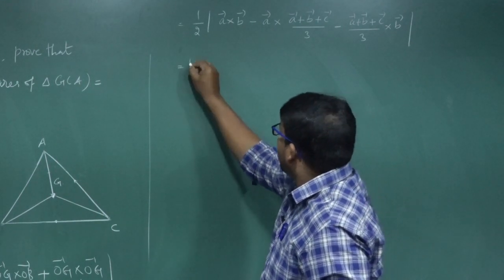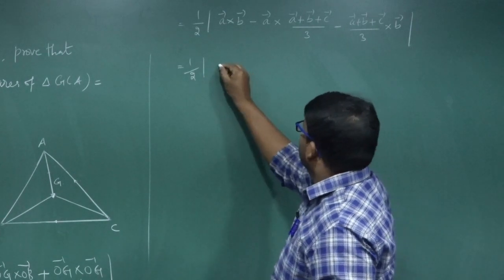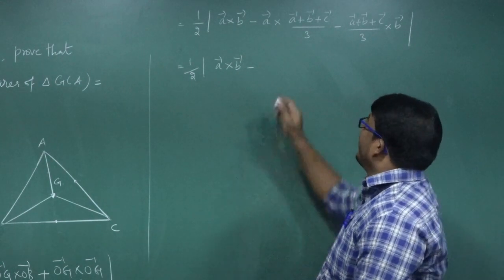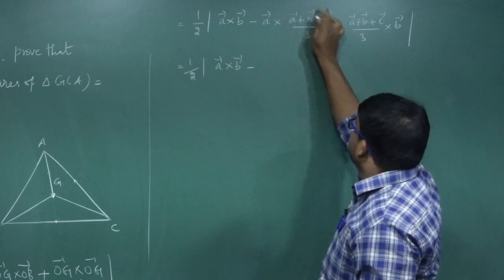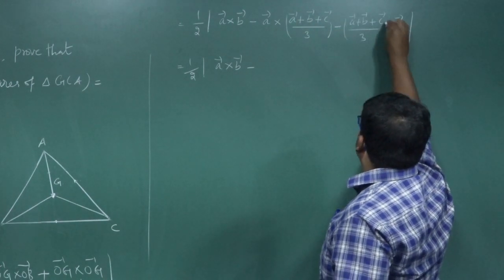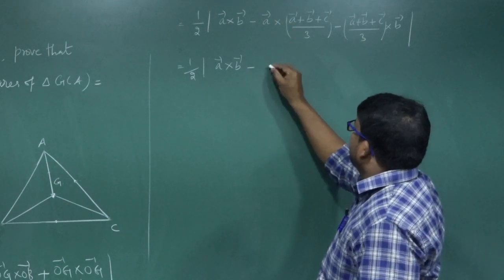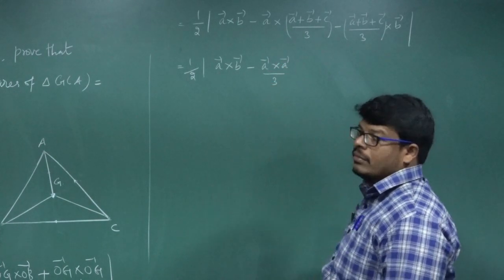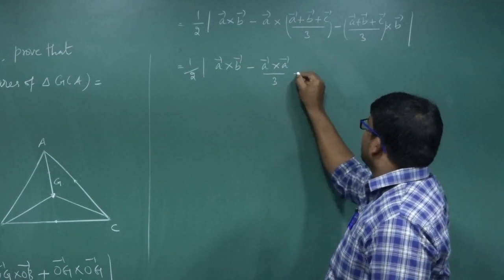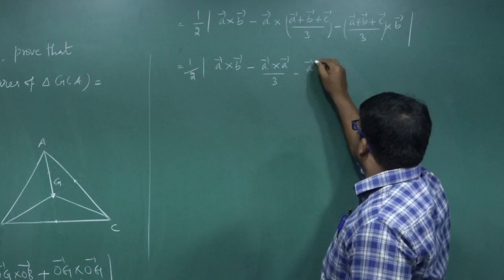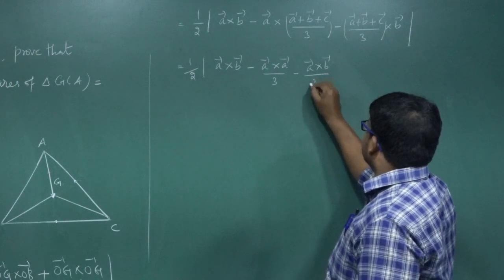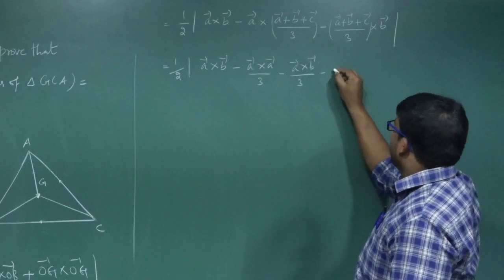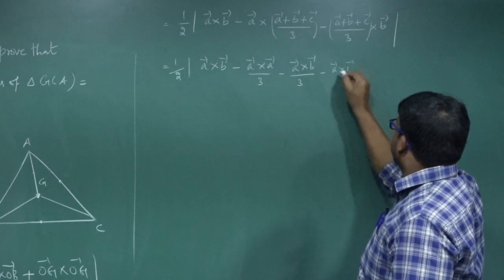That is equal to 1 by 2 modulus A vector cross B vector minus, now multiply: minus A vector cross A vector by 3. And next one, plus and minus is minus A vector cross B vector by 3. Last one, minus into plus is minus A vector cross C vector by 3.